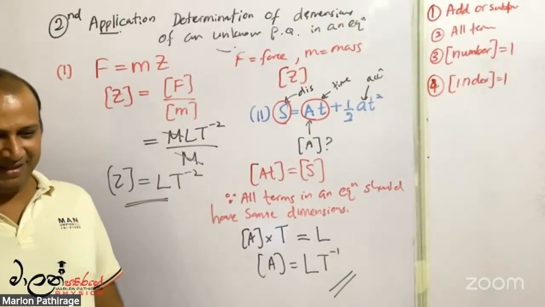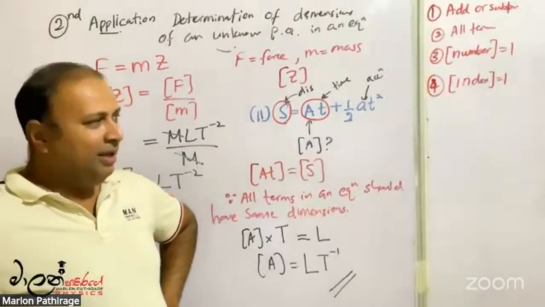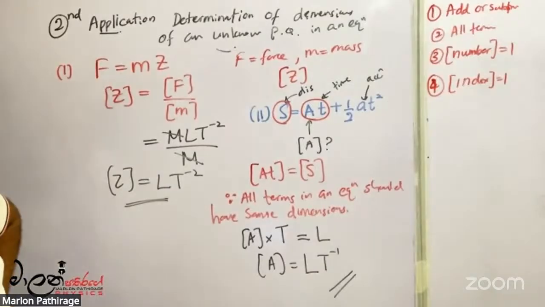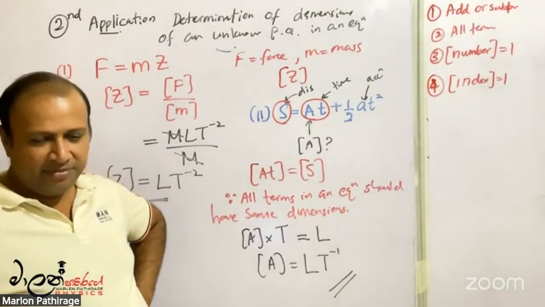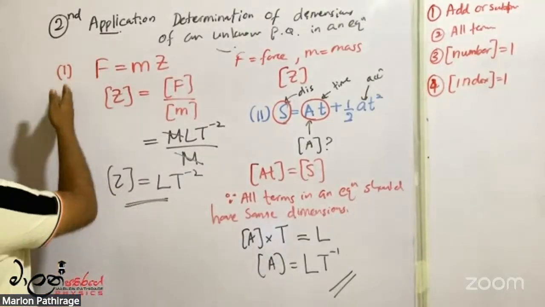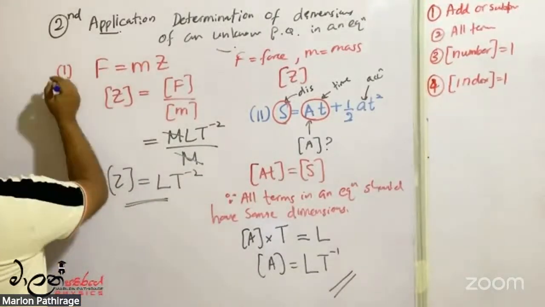If you get this explanation, please raise your hand. Okay, then the topic: the second application, determination of the dimension of an unknown physical quantity in an equation. These are the two examples.